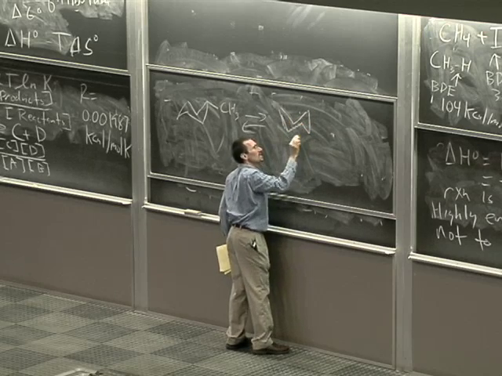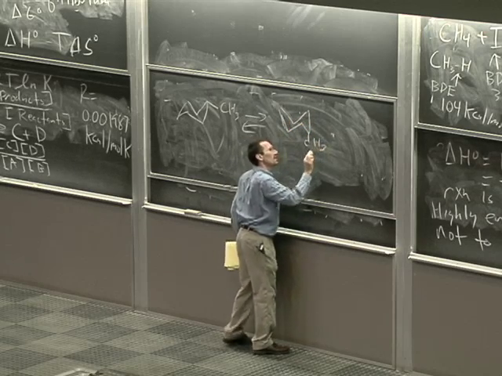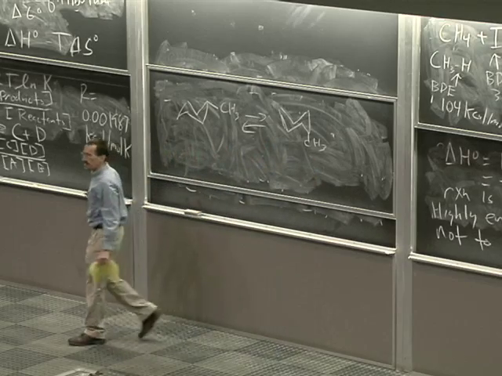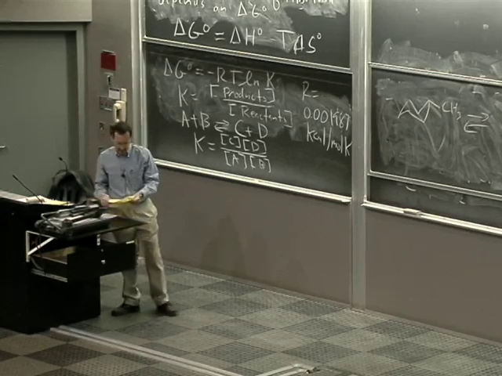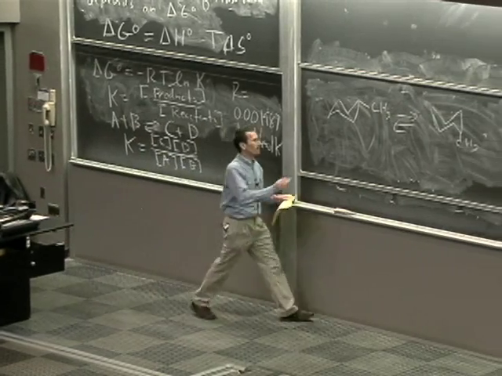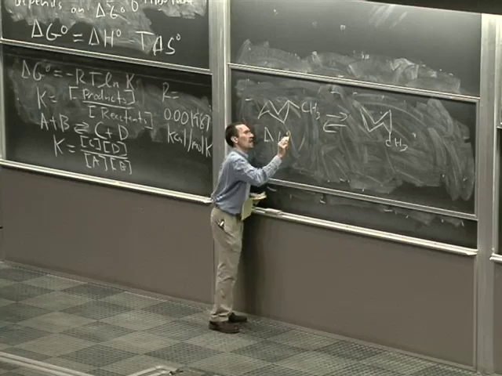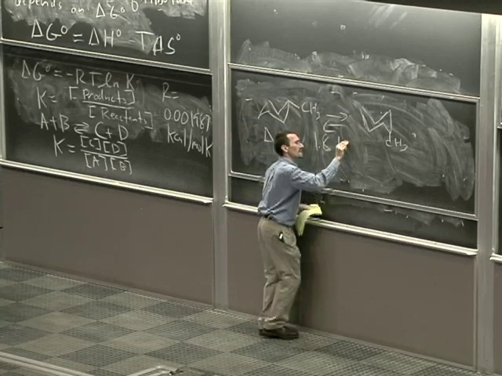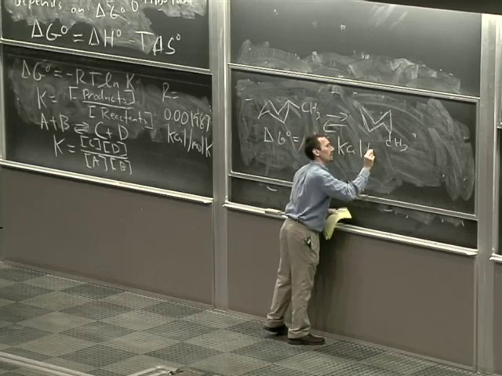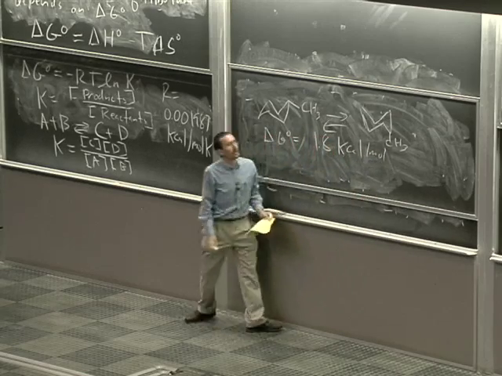In other words, methylcyclohexane exists as an equilibrium mixture of axial and equatorial conformers. Delta G naught for this reaction equals 1.8 kilocalories per mole.